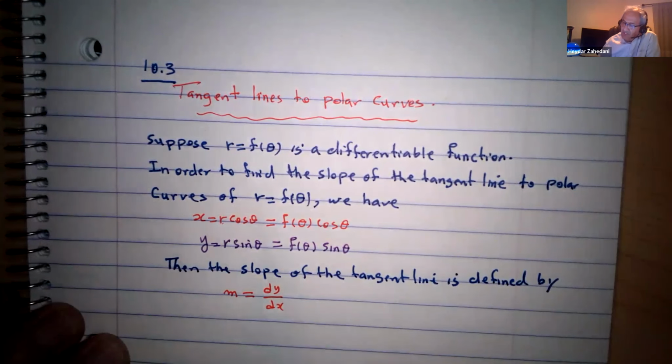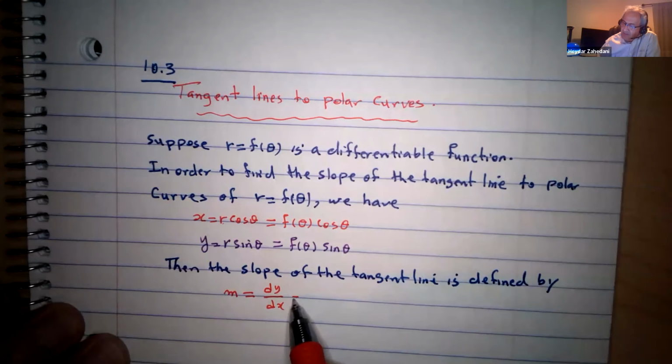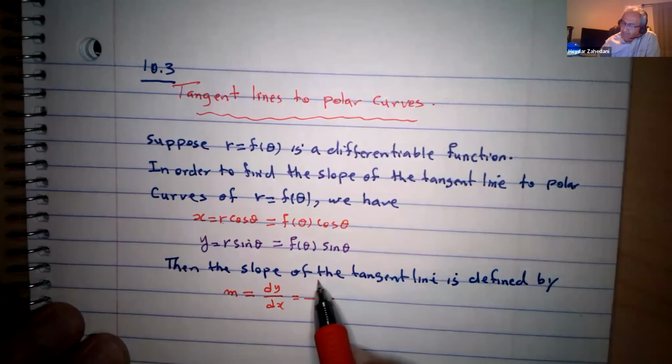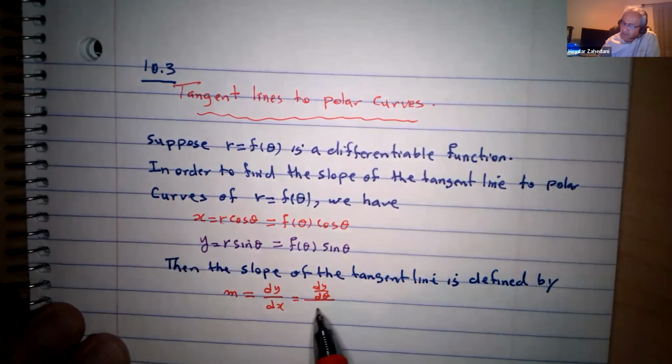So in order to get to that, we think about it as dy/d theta, differentiating with respect to theta, divided by dx/d theta.